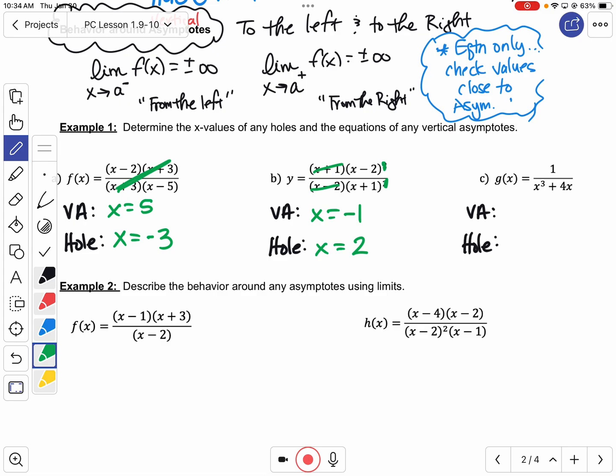All right, for x cubed and 4x, so x times, let's see. What did you factor out to start with? An x, and it left you with x squared plus 4. Now, can we factor that x squared plus 4?